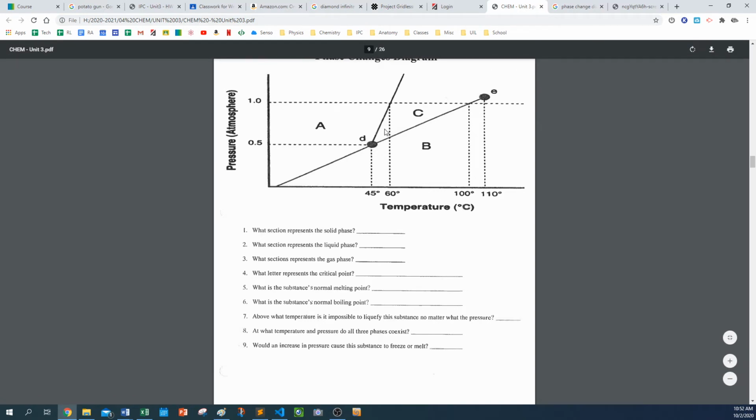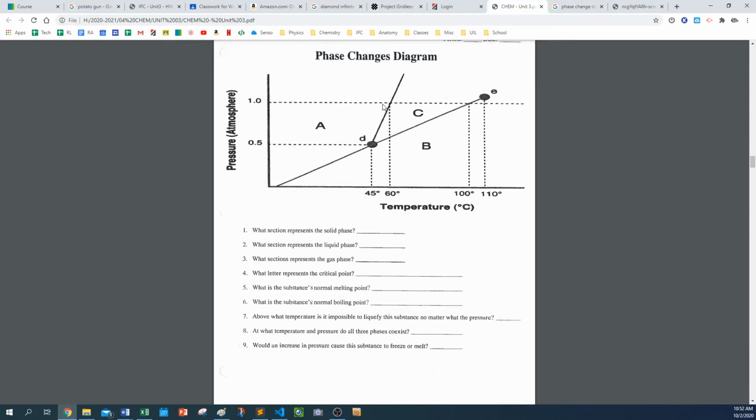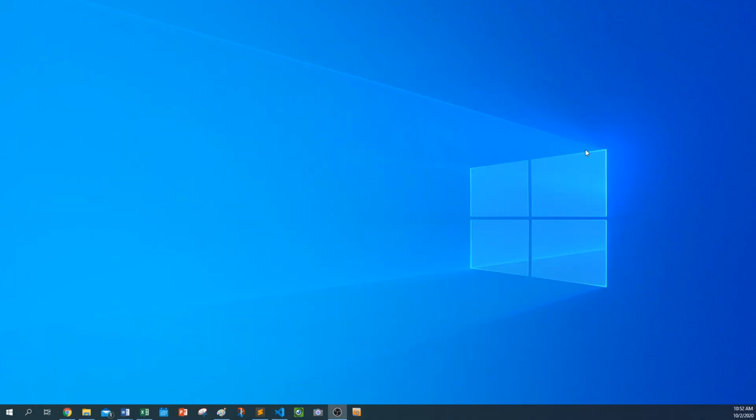If we're right here and I were to increase pressure, it'd start freezing. If I'm right here, it would be deposition. But notice that there's no point in this whole diagram where pressure would ever make something melt. I did want to show that, it's actually a very good point.